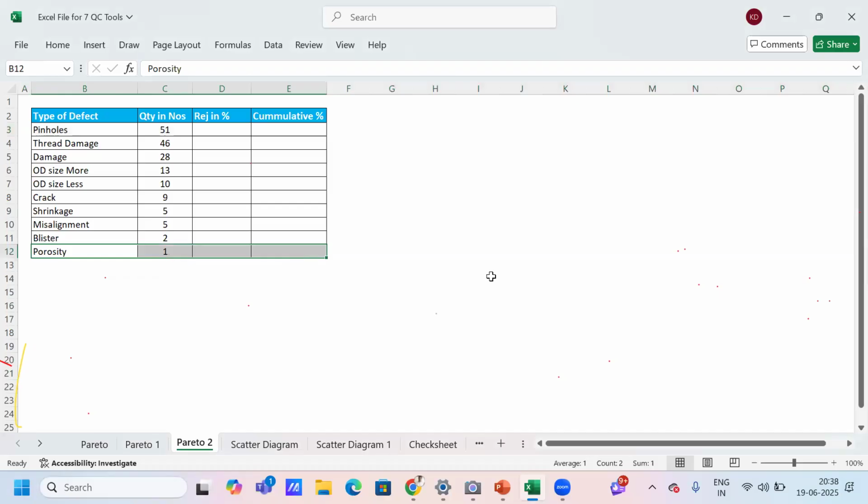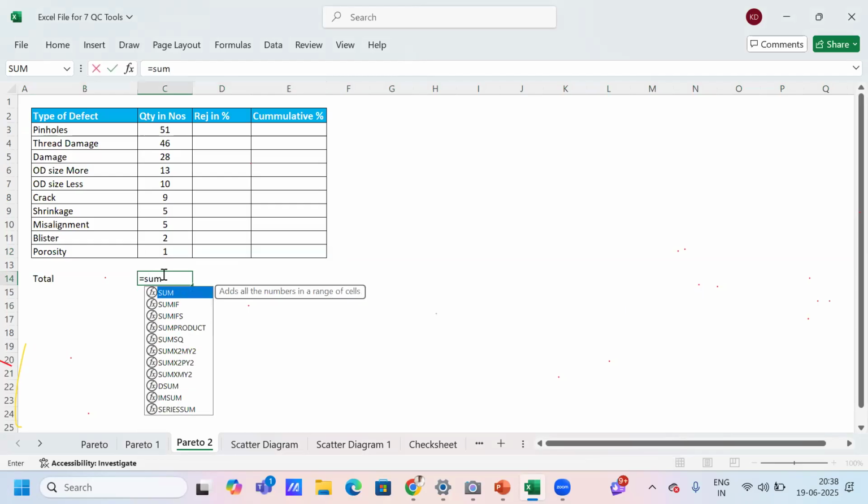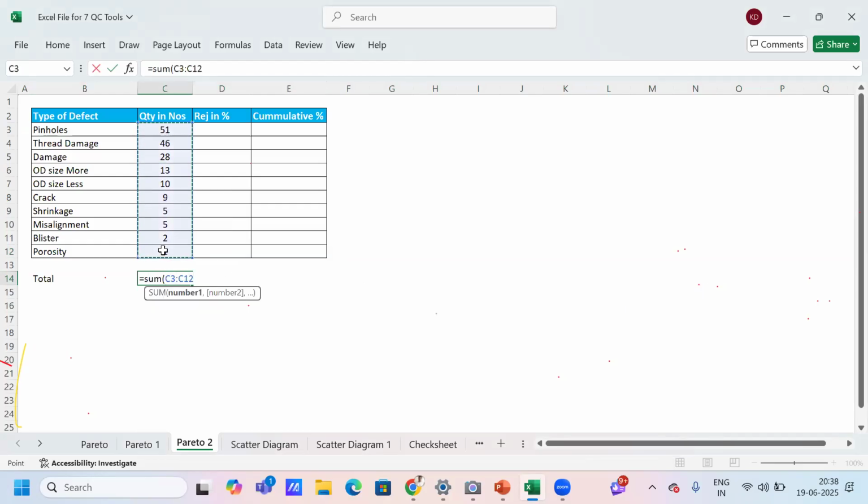So first, I told Akash that you need to arrange the data in descending order. Now I will calculate here the total rejection. Now the rejection percentage.